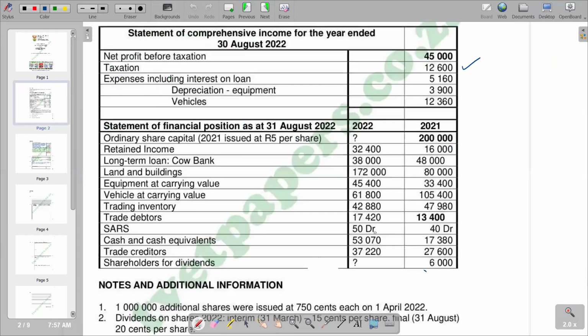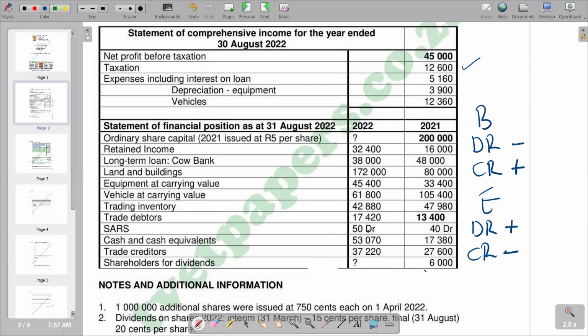We see that at the end we have got 50 rand and it's a debit again. A balance at the end, if it's a debit, we now show as a positive. So take note that at the beginning, if it's a debit, show it as a negative. If it's a credit, show it as a positive. And at the end, if it's a debit, we show it as a positive. It becomes the opposite. And if it's a credit, you now show it as a negative. That's how we're going to present it.